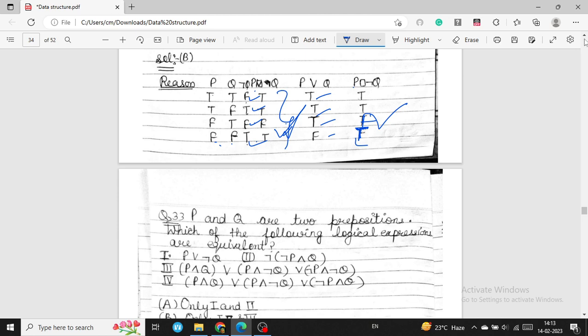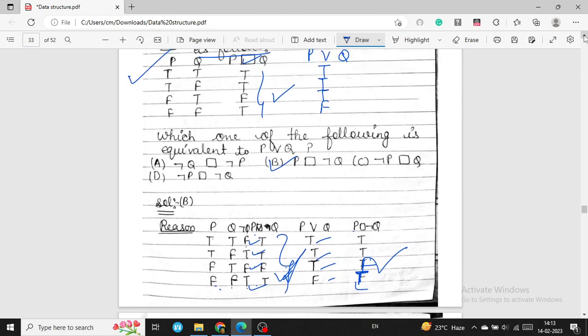You can see again in the question, we have to find this answer, and from which statement we find this answer. We have taken here P implies not Q. P implies Q will be taken here, and not Q is taken here.